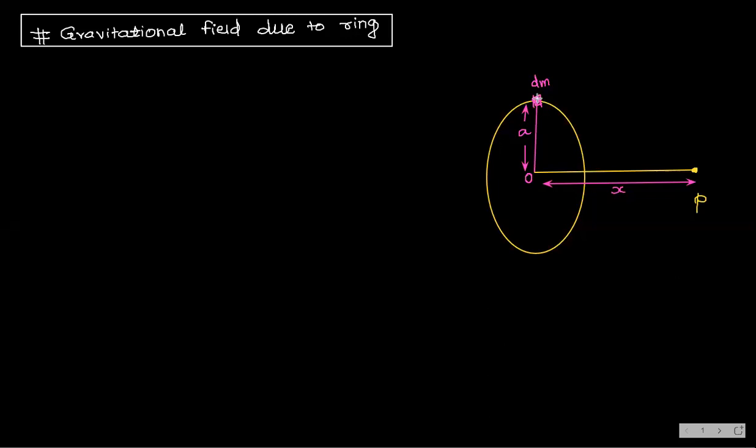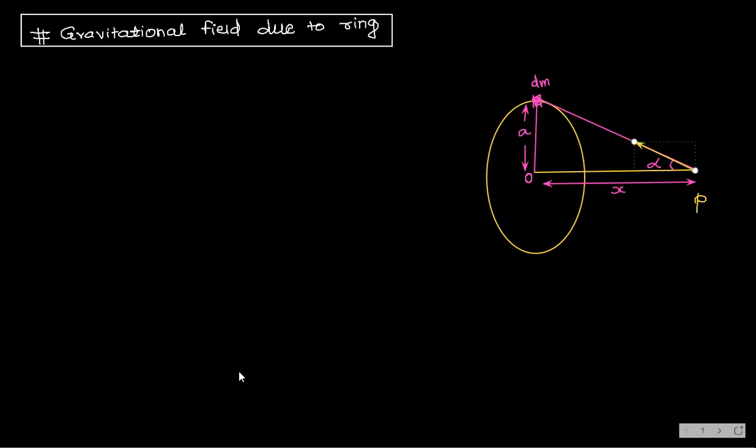Now let's join these two points. You can see here, I have joined. And let us assume that this angle is alpha. Now, as we know, gravitational field intensity always directs towards the mass.